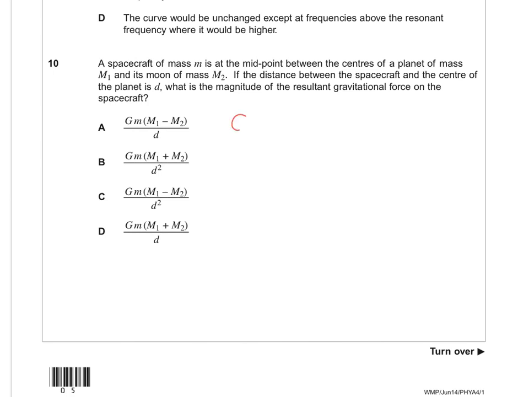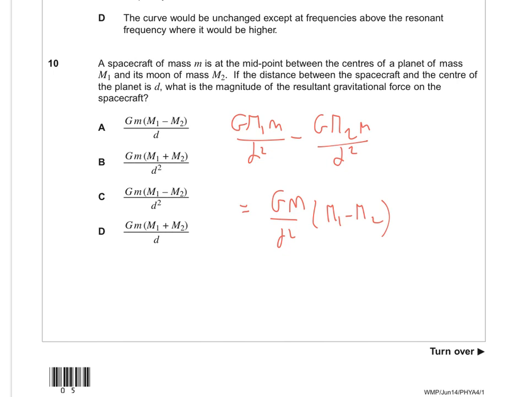So the force is going to be the force from the planet minus the force from the moon, so we can factorize that by taking out the GM over d squared, m1 minus m2. So which one corresponds to that? So it's none of these plus ones, so it's not those two, and you're finding the one with d squared on the bottom, so that's going to be C.